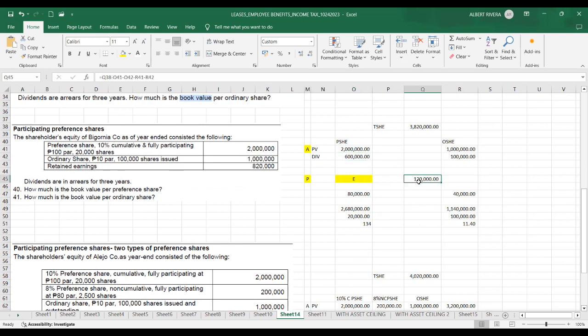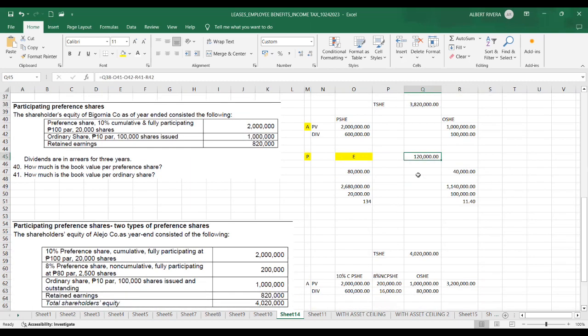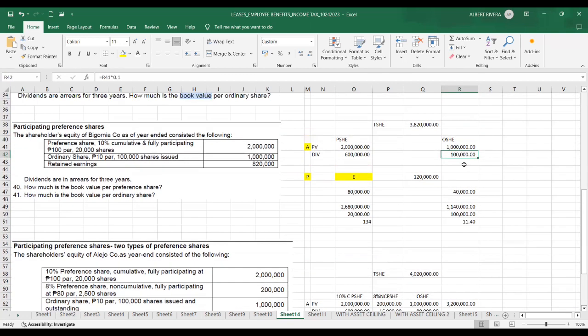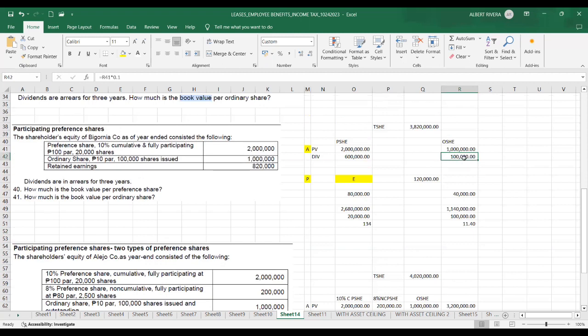To get the excess, okay, so the par value of the ordinary shares should also be considered. So the par value of the ordinary shares is 1 million, and you will also provide dividend. If you provided dividend to preference, you will also provide dividend to ordinary. But this time, the ordinary should have a dividend, no, that is always equal to a 1-year dividend, despite na si preference ay cumulative.